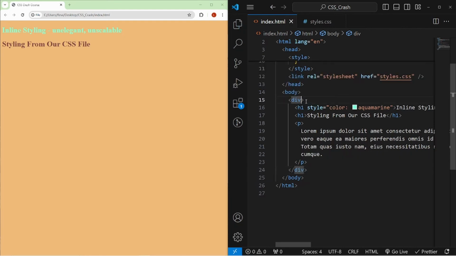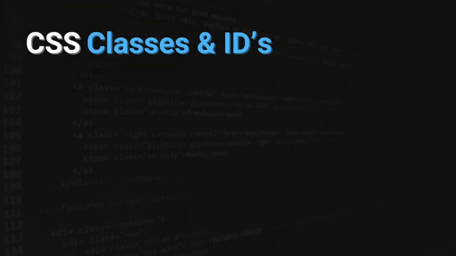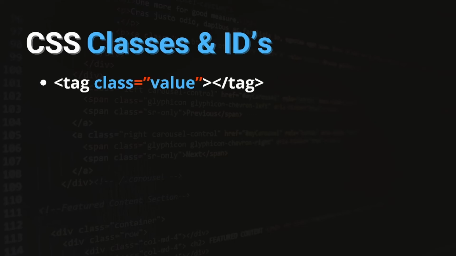And we are going to start talking about classes and IDs. So classes and IDs, what are those? A class is a group, a class that will apply as a tag to one of your HTML tags, and it will mark them, and you can later go and style your classes. The syntax is basically class equals quotation marks or double quotation marks, and then the value, the name of the class that you want to give.